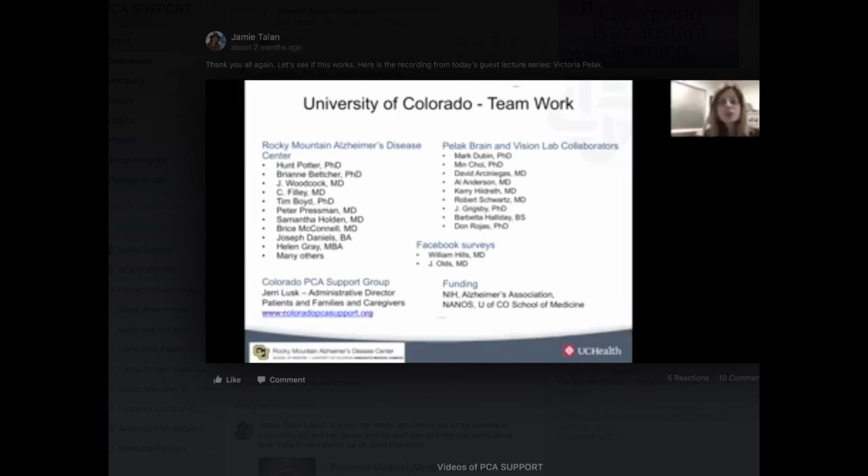Well, let's talk about that a little bit. The only information we have is from people who donate their brain or have an autopsy done. What we've learned is that about 70 to 80% of people will have Alzheimer's in their brain as the cause for their PCA. Another group will have Alzheimer's with some of the same proteins that are abnormal in Parkinson's, and that's called Lewy body dementia.